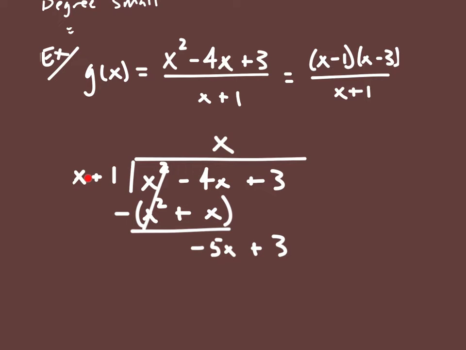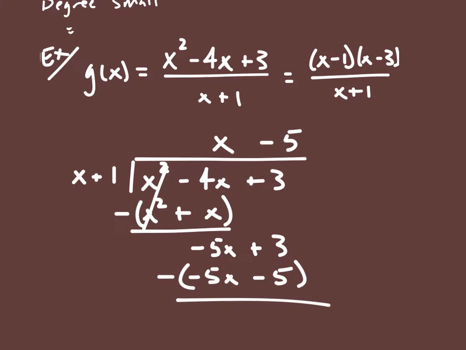Let's repeat that process. x times what gives us negative 5x? That's going to give us a value of negative 5. Negative 5 times x is negative 5x, and negative 5 times 1 is negative 5. Subtract that quantity. Negative 5x minus a negative 5x cancels out and gives us 0. Then 3 minus a negative 5 gives us a positive 8.